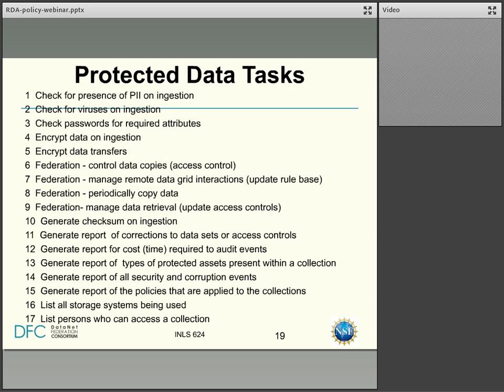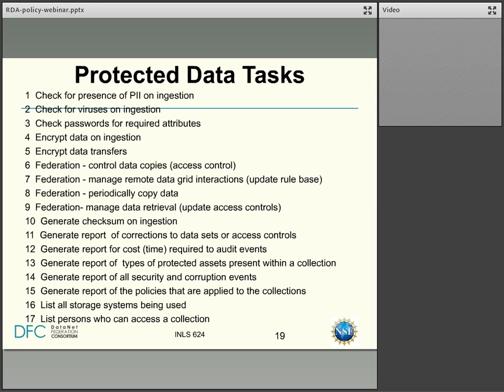And so these were organized around identifying the presence of protected information when data comes in, checking whether there are viruses or anything untoward coming along with the data, verifying that your passwords have the required strength in order to protect against unauthorized access, managing encryption of the data on transfer, managing encryption of the data in storage if it contains protected information, managing interactions with federations.